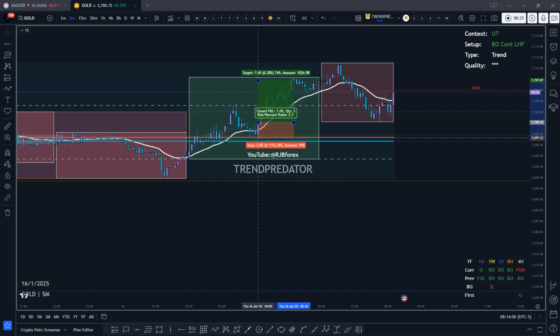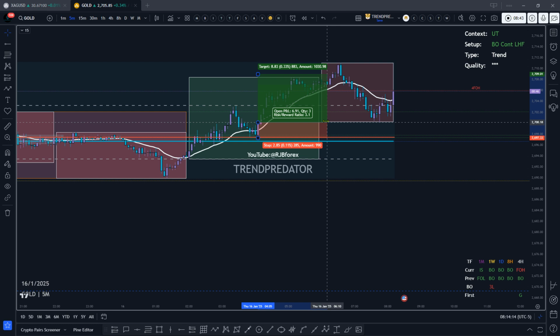Stop below the low, let's say. Okay, you would have had to hold on a little bit over here. So 4:15-ish. So over a couple of hours.